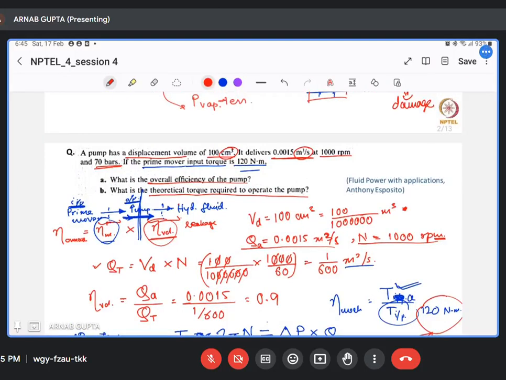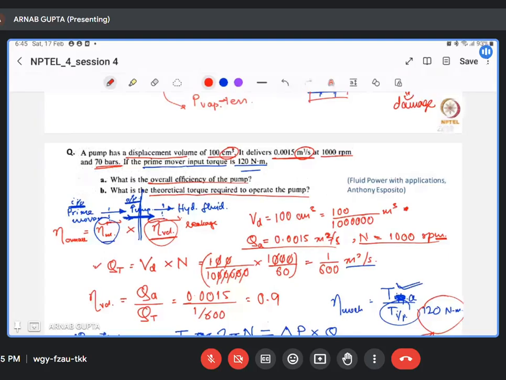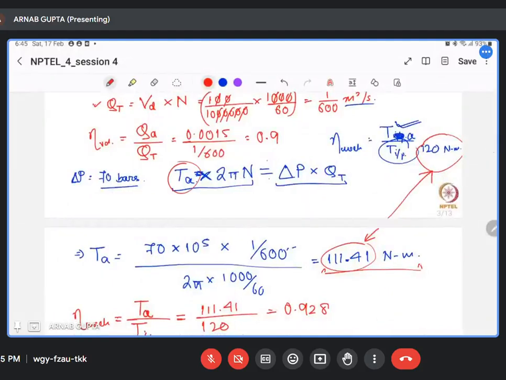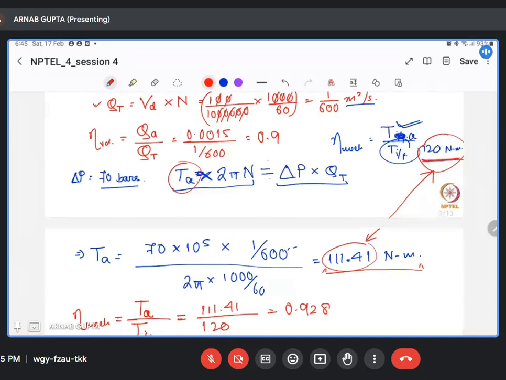So basically here this particular term is the actual torque. Okay, but for this pump to operate at this particular overall efficiency, this much amount of torque is required at the input side. So that is only your theoretical torque.